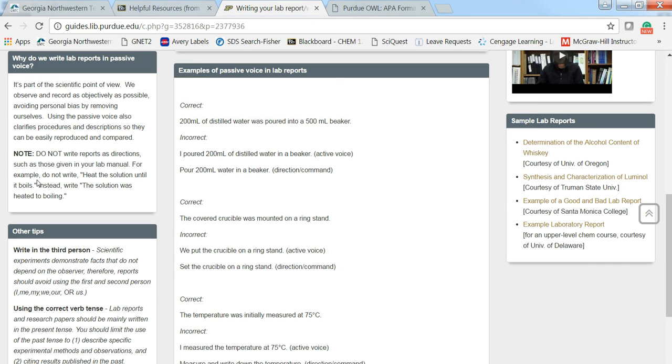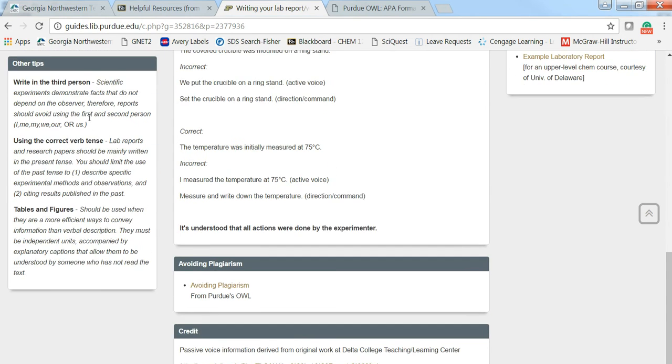It has some examples like what you do and do not write in there, and keep it in the third person. Don't use any pronouns at all. I, me, my, we, all that stuff. None of that. No people. Just leave the people out of it. It's understood by me as I read your report that this is your report.